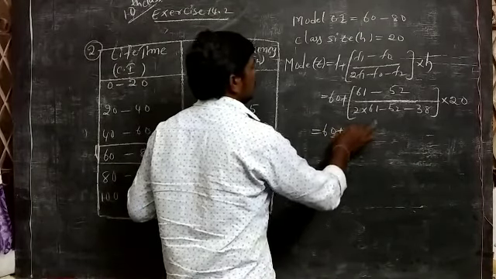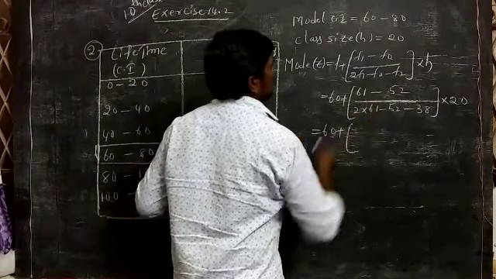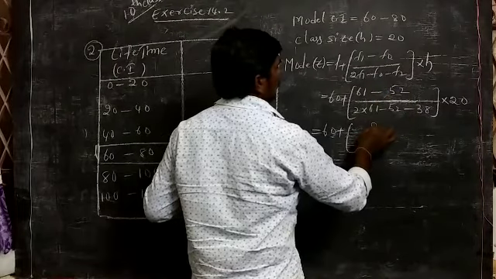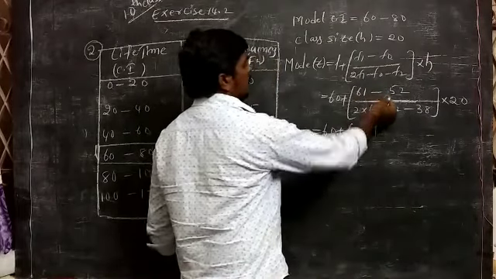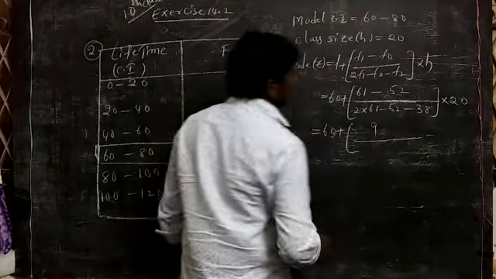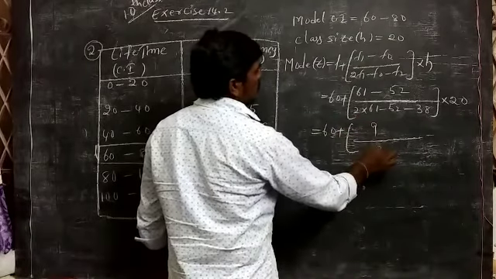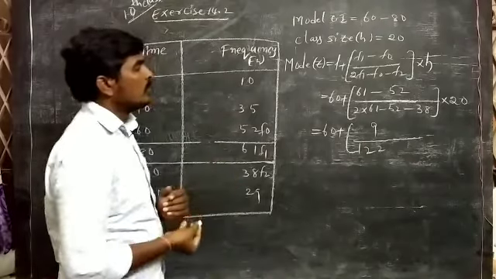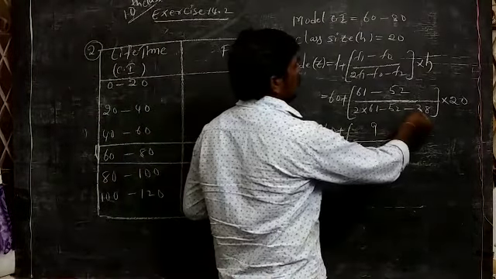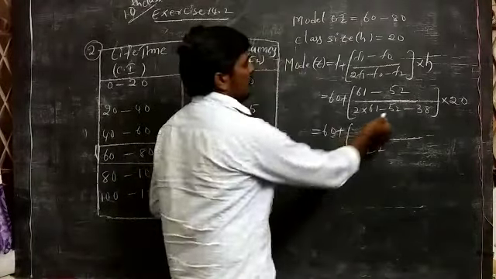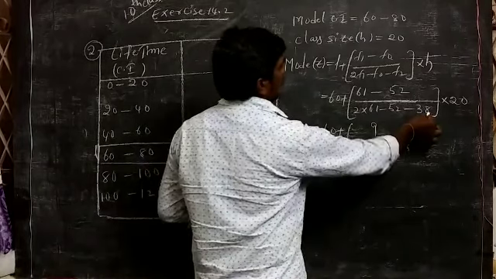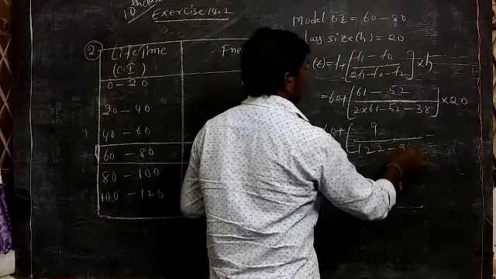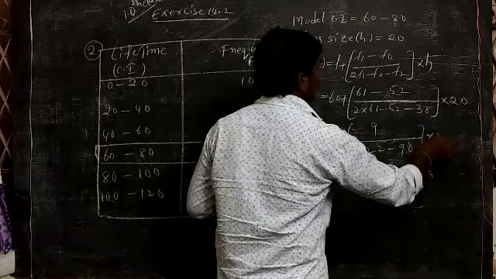60 plus 61 minus 52, that is 9. By 2 ones are 2, 2 sixes are 12, 122 minus 52 minus 38: 52 plus 38 is 90, into 20.